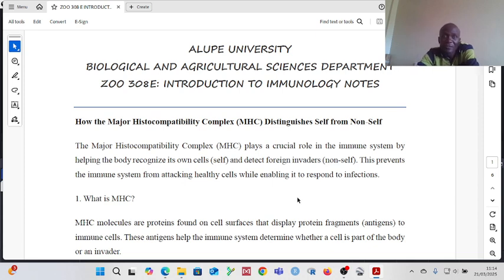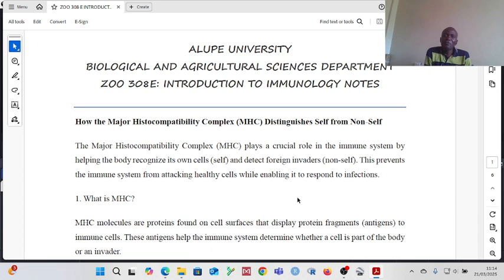Okay, so we had looked at what the major histocompatibility complex is and how it plays an important role in the immune system. What it does majorly is help the body recognize its own cells, what we refer to as self, and detect foreign invaders, so anything that is not self.